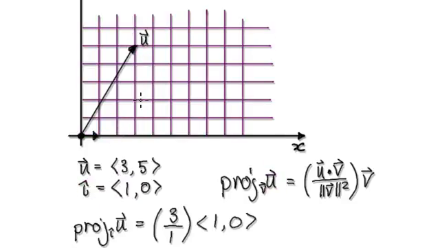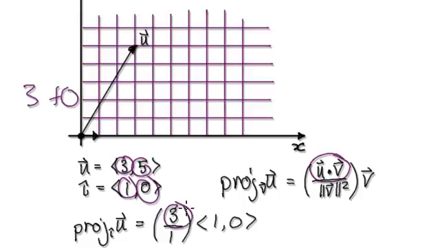So let's project u onto this unit vector here. To project it, we need to perform the dot product. This times this, which will be 3, plus this times this, which will be 0. So the dot product will be 3.